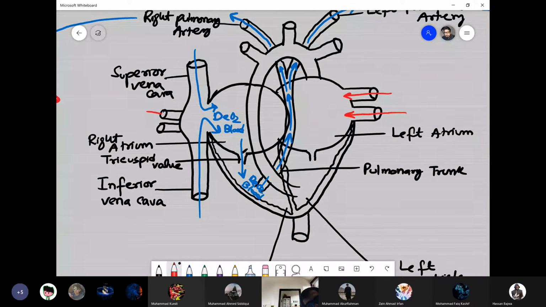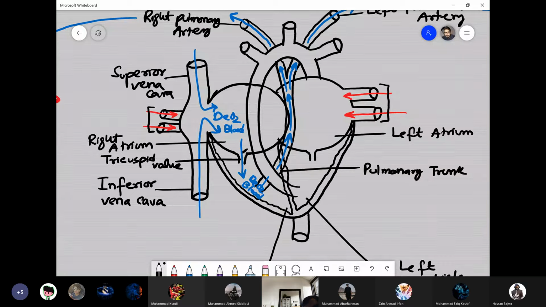Now these red arrows which I have drawn, you can see that on the left side, these two are definitely entering into the left atrium. Even these ones are also entering into the left atrium, boys. These all four.